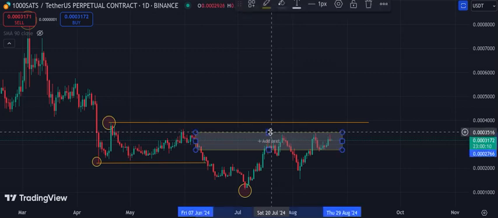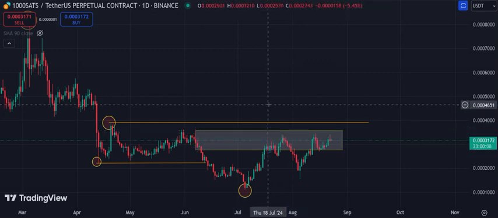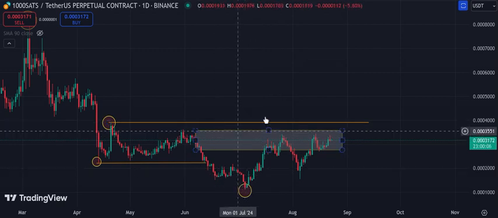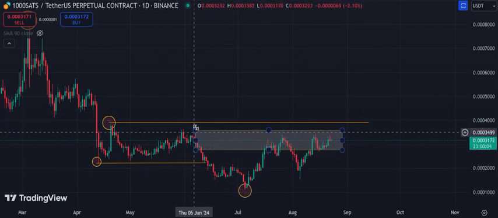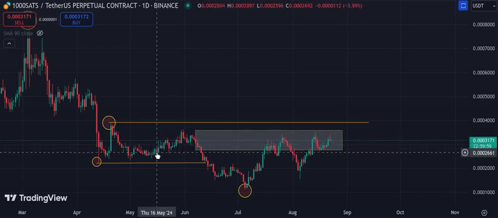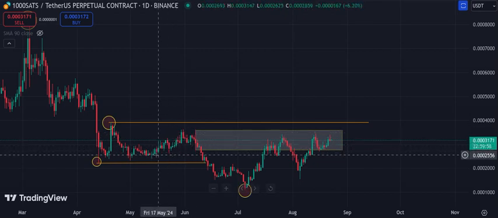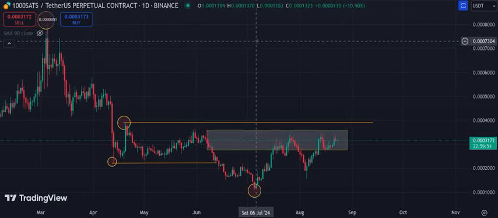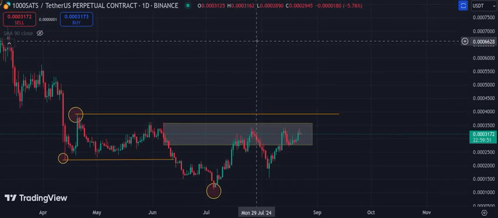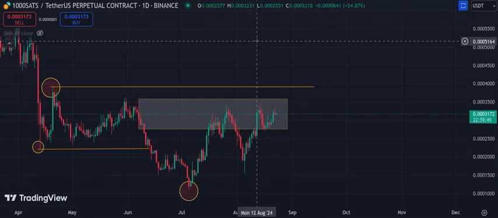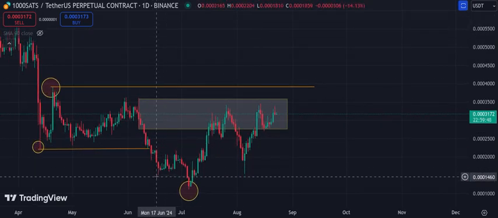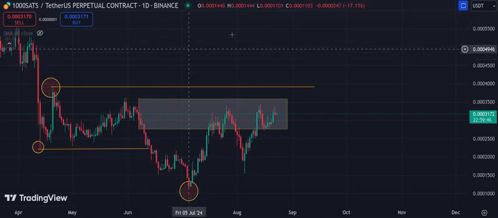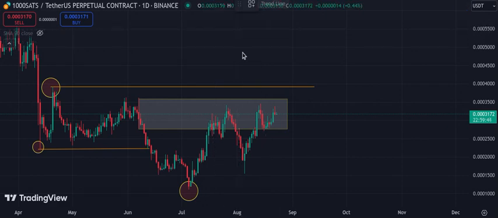Because above this bearish candle, we have nothing else. So with that being said, now the market breaks down to the downside. There's what we call inducement. I call it liquidity.